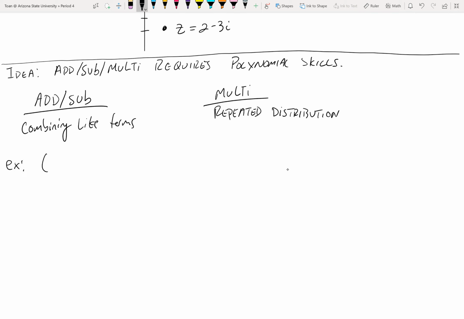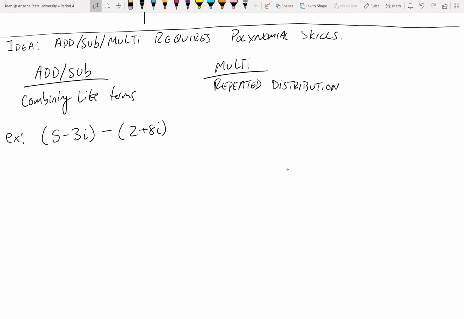Say I have the number 5 minus 3i, and I want to subtract 2 plus 8i. You could easily change those i's into x's, and the skills will be 100% the same. Just combine like terms. But for subtraction, I like to distribute the negative because that sort of trips up some students. And then once you distribute the negative, just combine like terms.